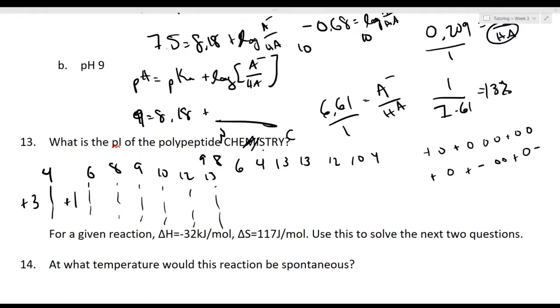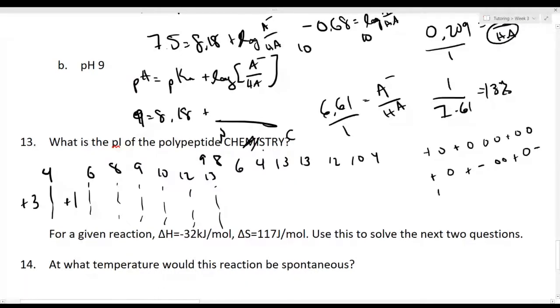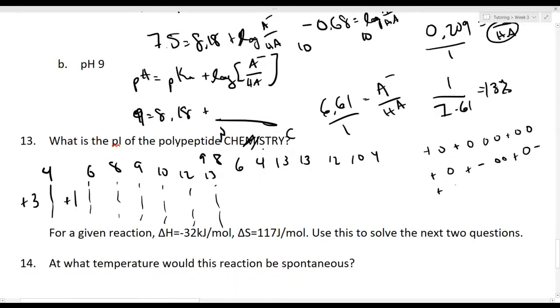Okay. All right. So now the next part is between a pKa of 6 and 8. The N terminus is still protonated. Cysteine still neutral. Histidine is now going to be neutral. Glutamate still negative.